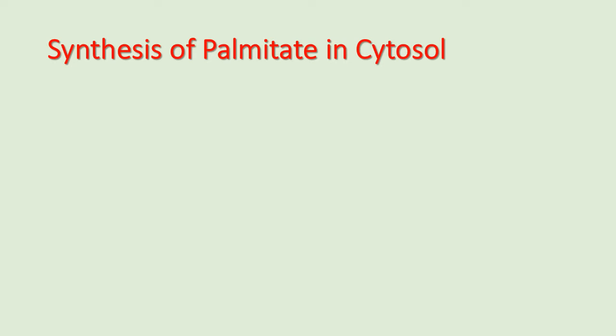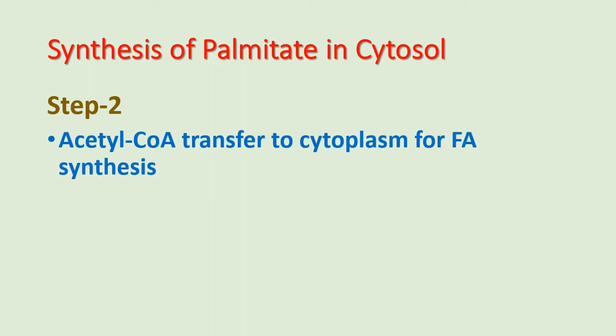In the next step, acetyl-CoA after its production in the mitochondria cannot be used for the synthesis of fatty acid. So it should be transferred from the mitochondria to the cytoplasm. The mitochondrial membrane is impervious to acetyl-CoA.